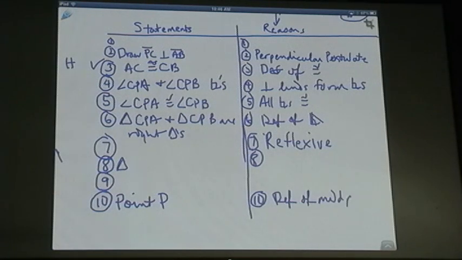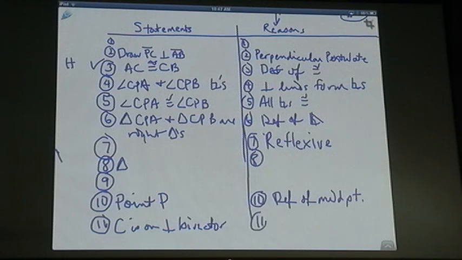Now, I didn't finish the statement over there for number 10. You're going to have to do that. And then 11, we can state C is on the perpendicular bisector. And that would be by the definition of a perpendicular bisector.